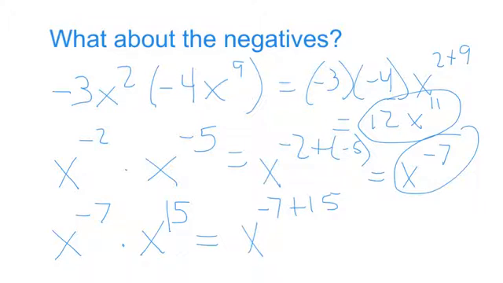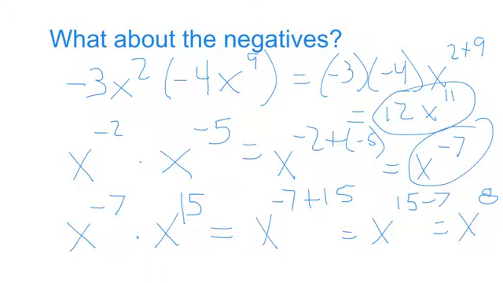So this becomes the same as saying x to the 15 minus 7, which is going to give you x to the 8th, and it is positive because the original largest exponent was positive. So the result will be a positive exponent.